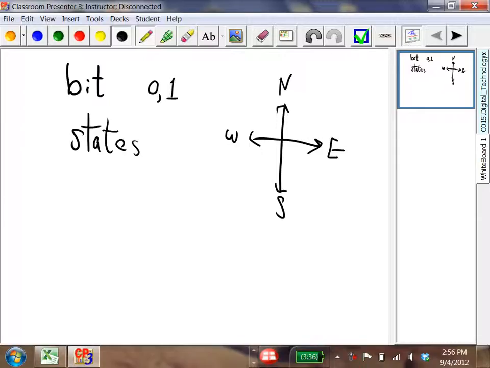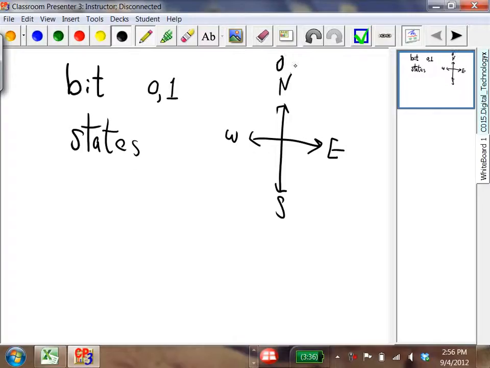So how could I encode the 4 points of the compass in binary? Yeah, you'd have to have two bits, wouldn't you? It doesn't matter how you assign the code, right?